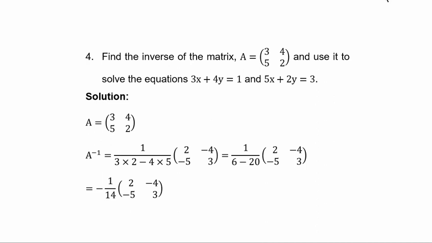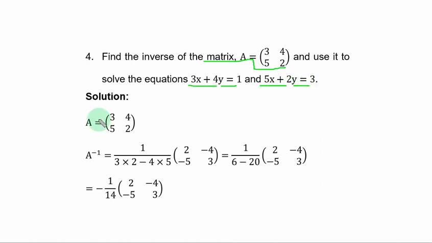Theory question 4. Find the inverse of the matrix A equal to this and use it to solve the equations 3x plus 4y equal to 1 and 5x plus 2y equal to 3.